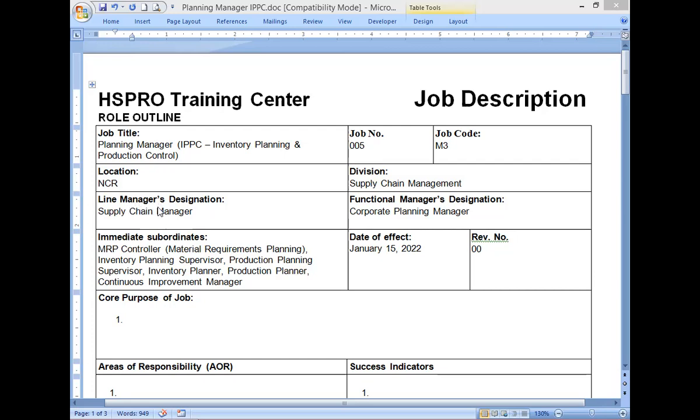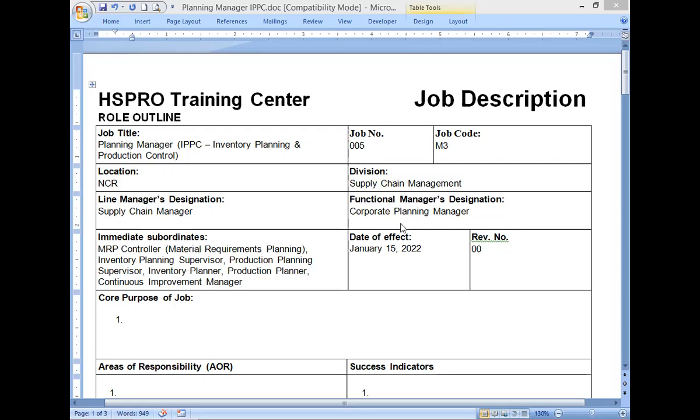So the functional manager's designation would be corporate planning manager. It could be a senior planning manager or corporate planning manager. It's all the same.